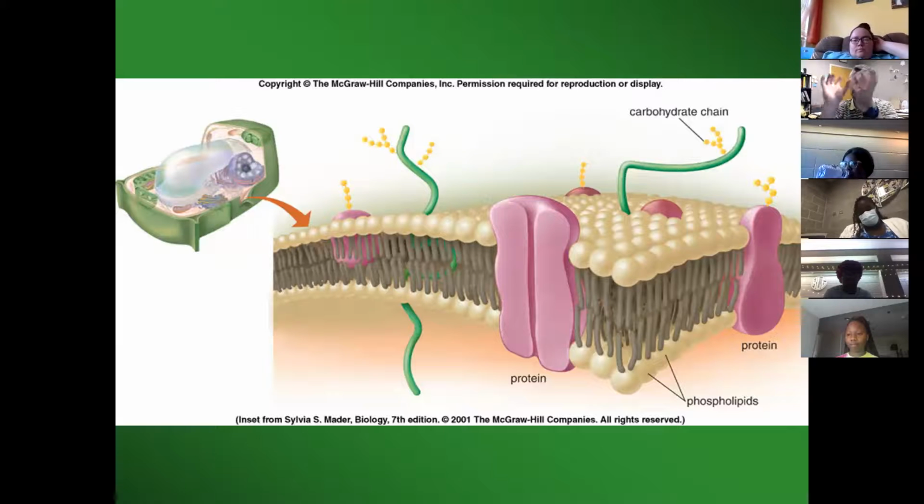So if they were moving around, what would happen would be that the cytosol is just made of a bunch of water, right? We're mostly about 70 to 75-ish percent water in our cells, and that's true for plants too. So you've got these phosphate ends that are water loving, and then you got these tails which are water fearing, hydrophobic versus hydrophilic.